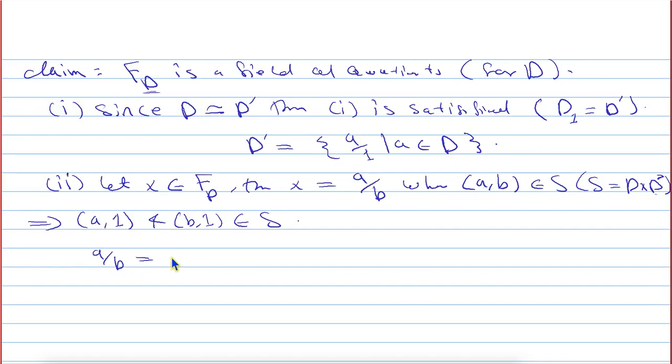A over B equals A over 1 times 1 over B, by the definition of multiplication. And this itself we can write as A over 1 times B over 1 inverse, and this is by the definition of multiplicative inverse in F sub D. Now, of course, A over 1 and B over 1 are both elements of D prime.